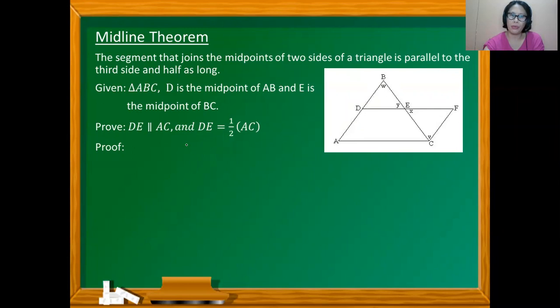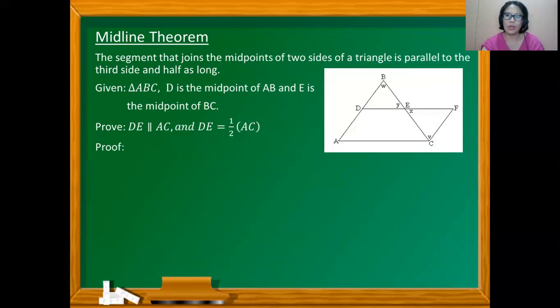So we're going to prove that DE is parallel to AC, and DE is one half of AC. Because midline theorem states that the segment that joins the midpoints of two sides of a triangle is parallel to the third side and half as long.